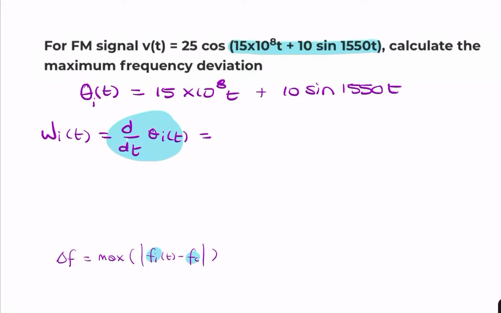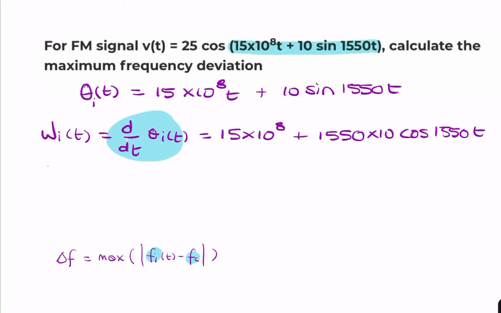So if we take the derivative of the first, it's just the constant, the coefficient of t, and the derivative of a sine is a cosine, but we have to multiply obviously by the coefficient, so it's a chain rule, cosine 1550 t.